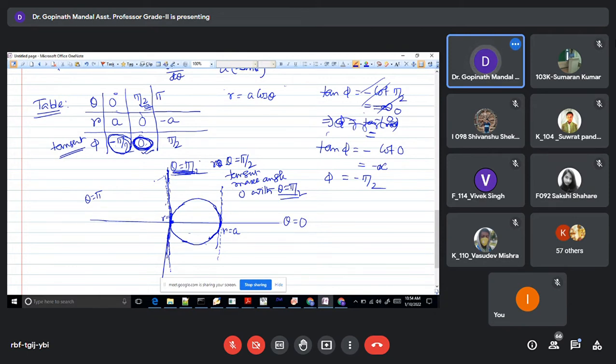And for theta equal to pi, r is minus a, and the tangent angle phi is pi by 2.